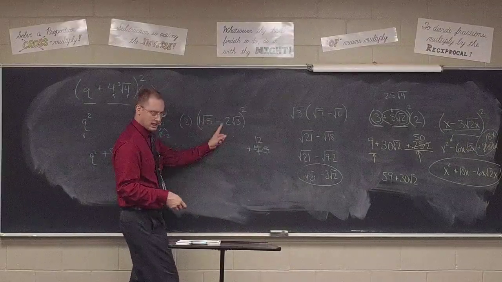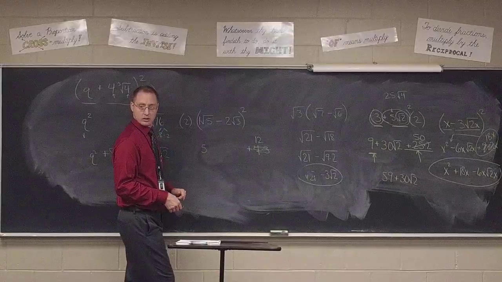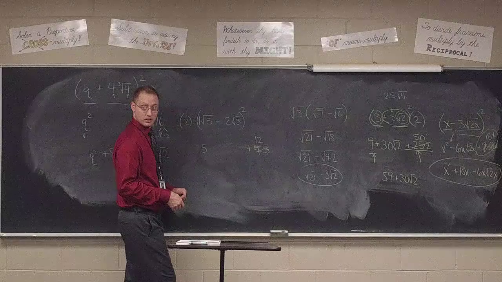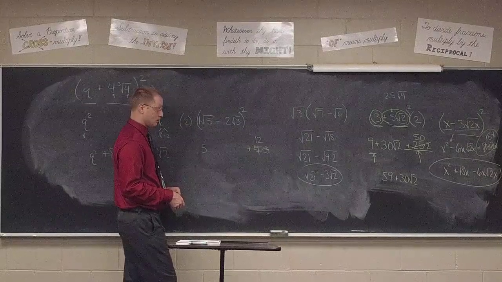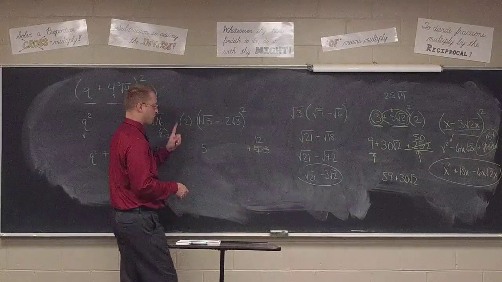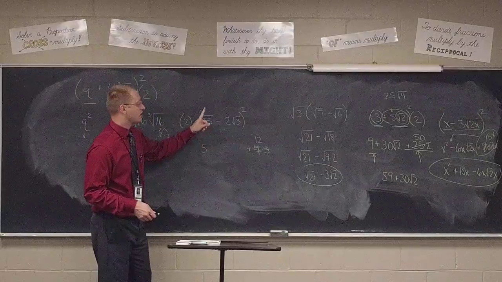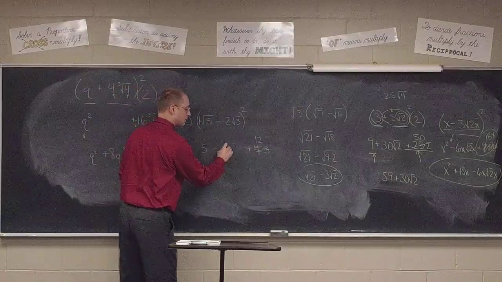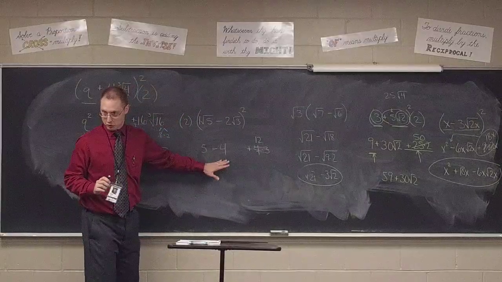Two times 1 times negative 2? Okay, what is 2 times 1 times negative 2? Right. Just multiply the rational.